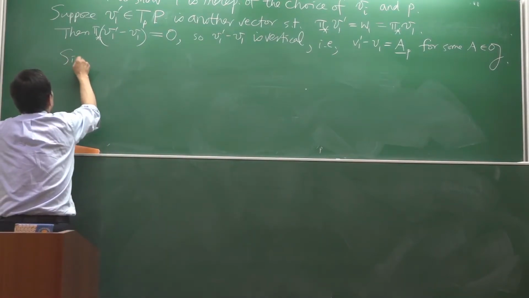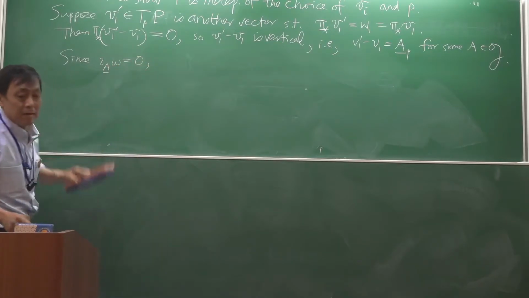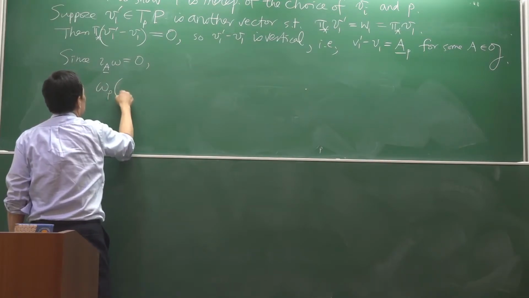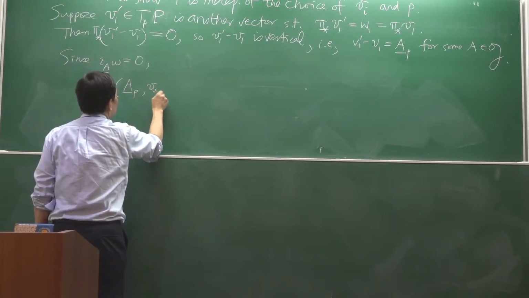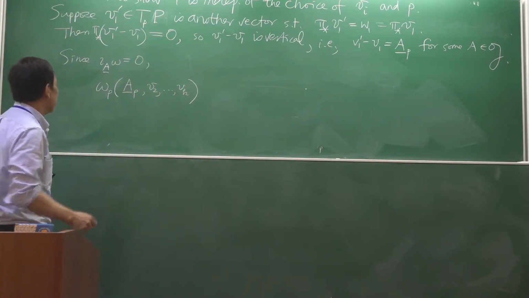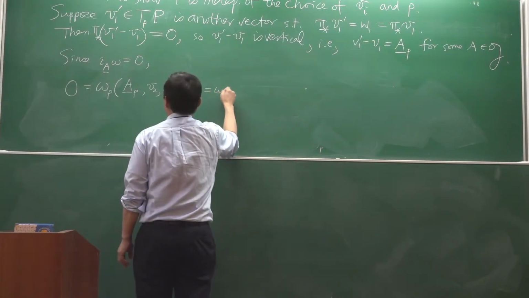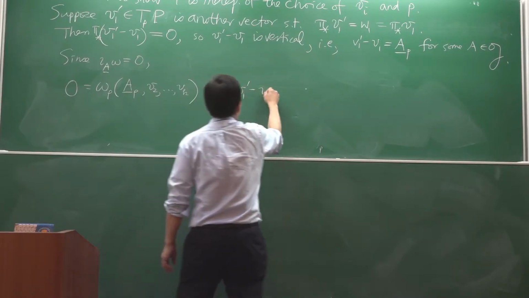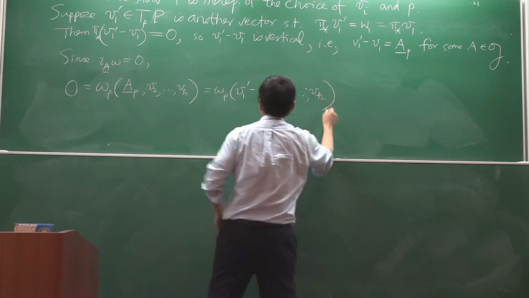So since iota A bar omega is 0, omega at P of A bar P, V2, ..., Vk is 0, and that means omega at P of V1 prime minus V1, V2, ..., Vk is 0.